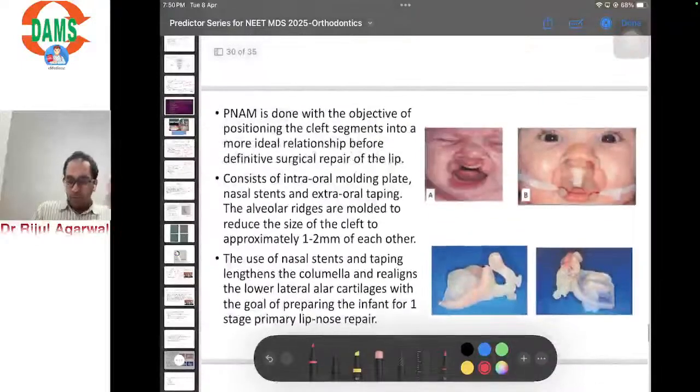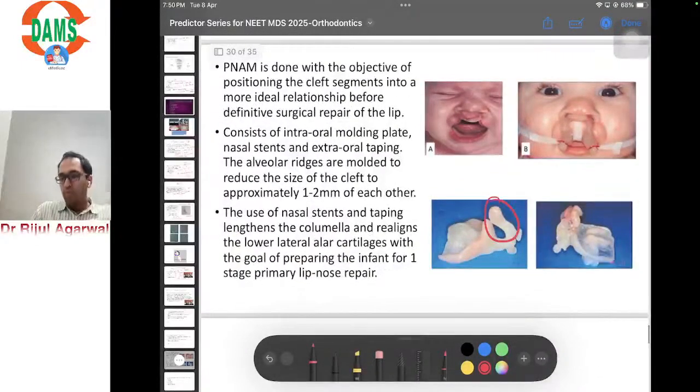This tip extends into the columella and lifts it up so that proper lip position and nose development can occur. And the biomechanical principle at this age is, as we all know, the presence of high hyaluronic acid level at this stage due to maternal estrogen in the child. This we have all discussed.